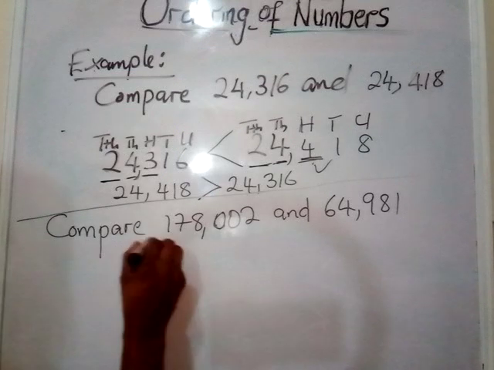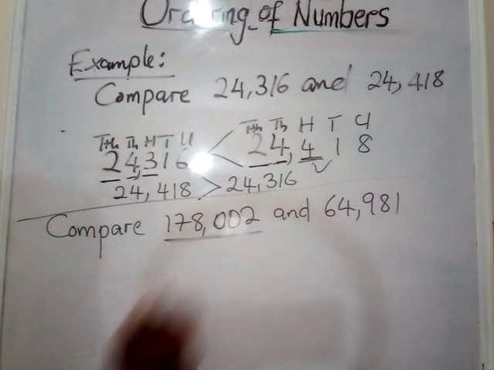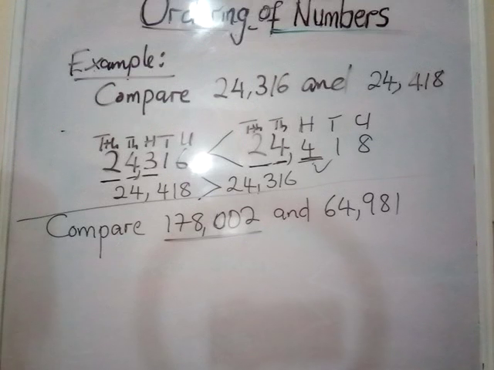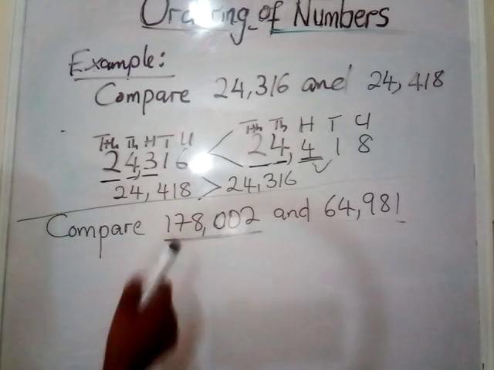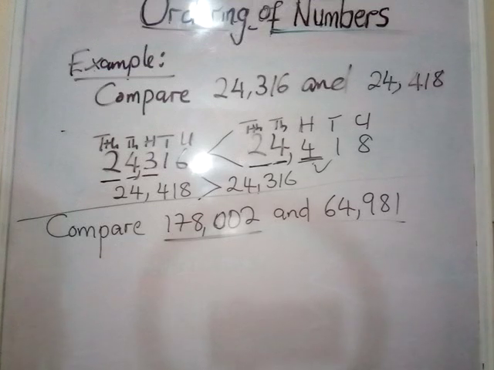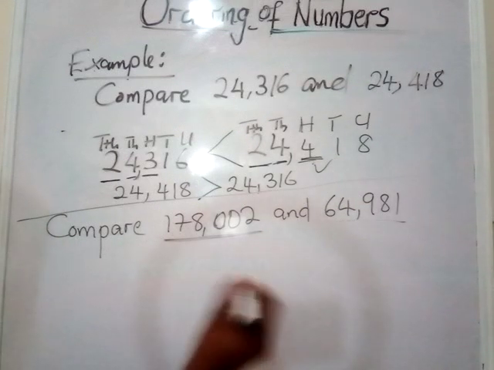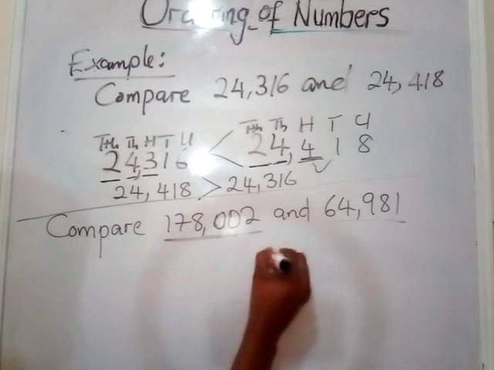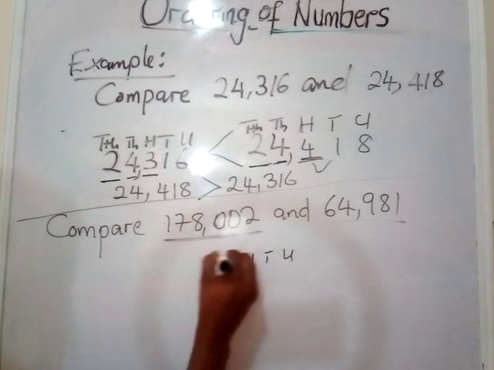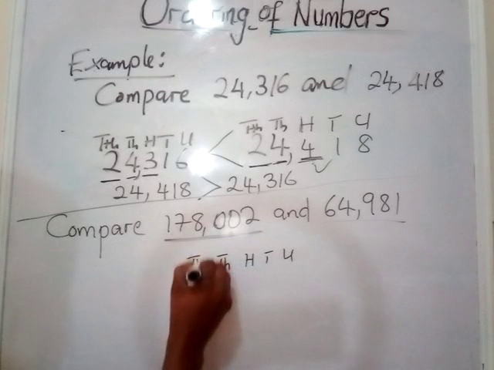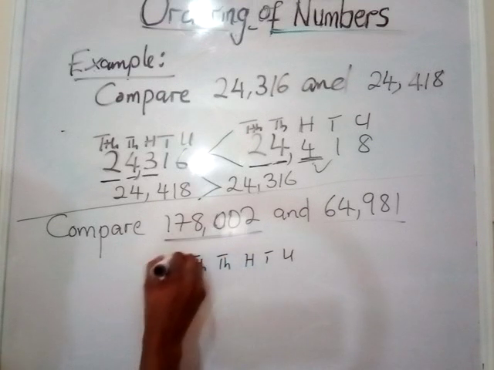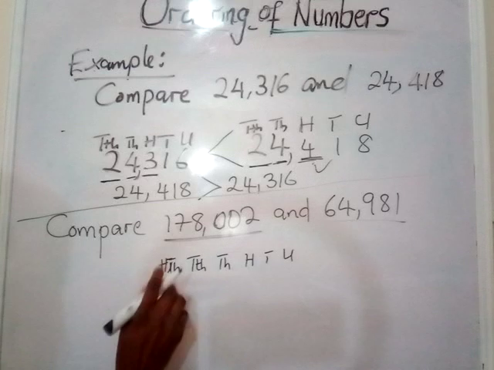Just know that the number that has more digits in it is larger than the one that has fewer digits. Why? Because if you spread them out, remember our units, tens, hundreds, remember 1,000, tens of thousands, hundreds of thousands, and even million. Okay, we could go on and on.